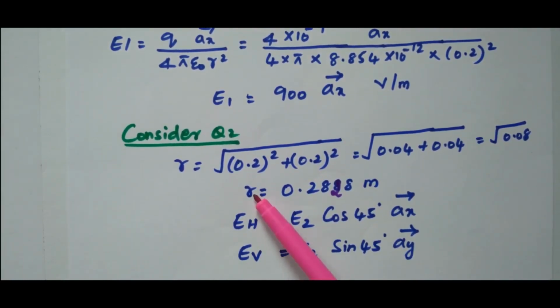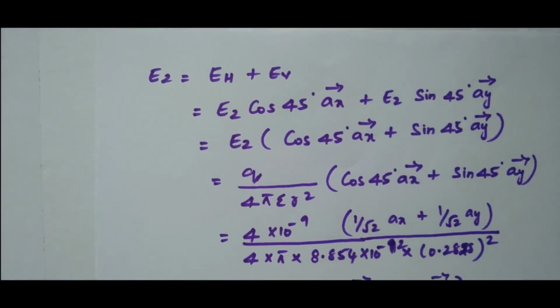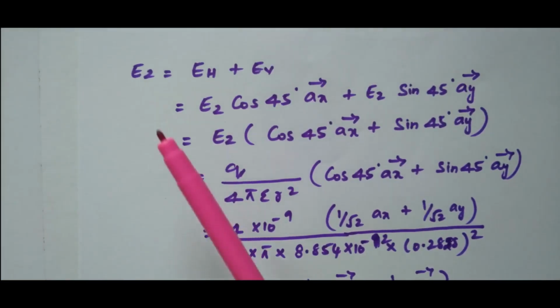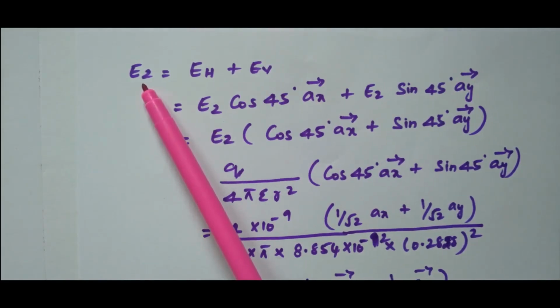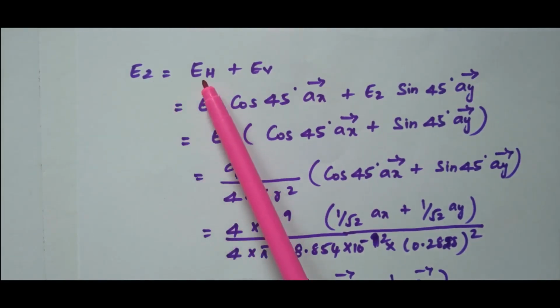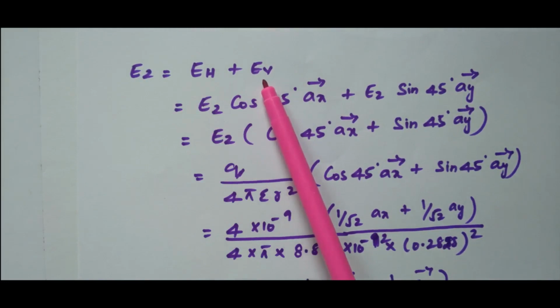Now we got the value of r. While considering the second charge, E2 is the vector sum of the horizontal component plus the vertical component.